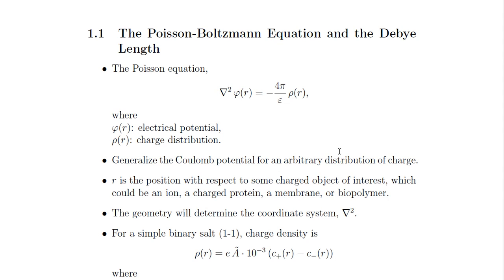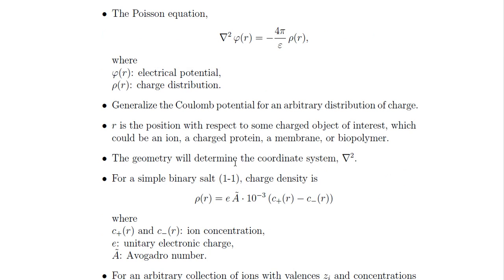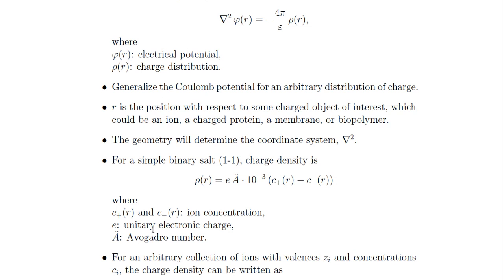Here is a simple binary salt, Na plus Cl minus, where the charge density rho_e equals e times N_A times 10 to the power minus 3 times (C plus of r minus C minus of r). Here C plus and C minus are the ion concentrations, e is the electric charge, and N_A is the Avogadro number.